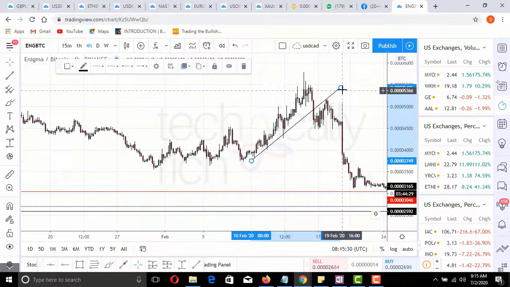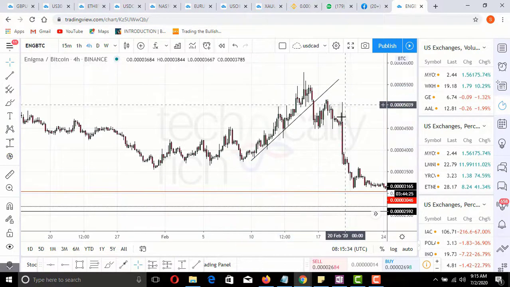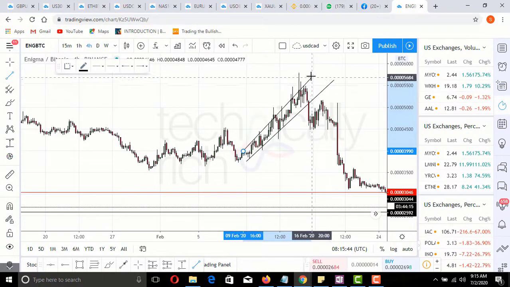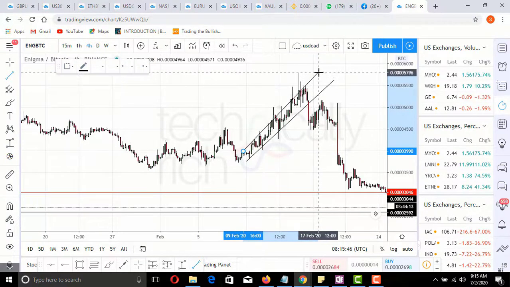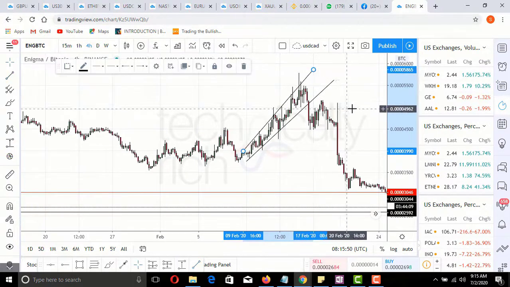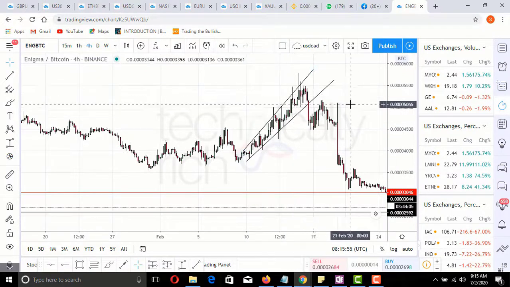So you try not to force a trend line if it's really not looking nice for you. You just change and try somewhere else. So you still have a trend line and still put up a trend line here and connecting 1, 2, then I have 3.